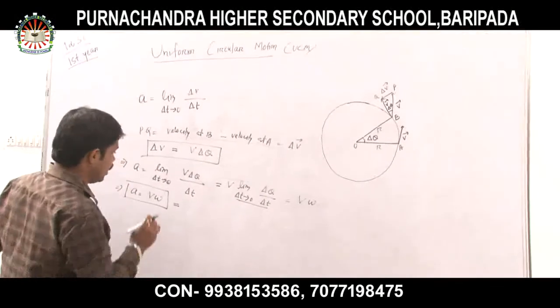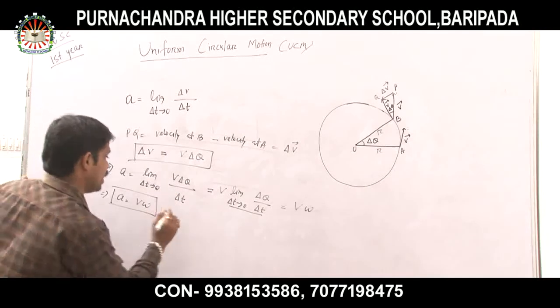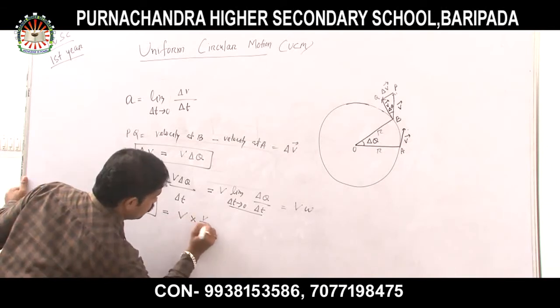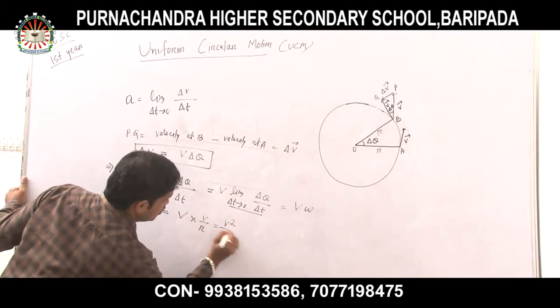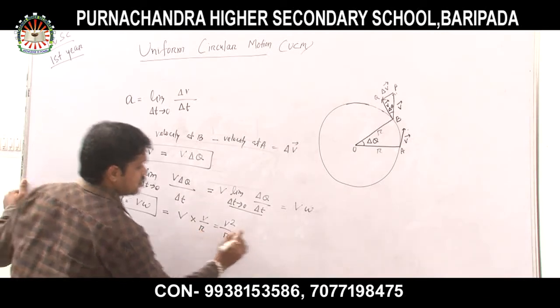We know that. Okay. So now let us put the value. If V is equal to omega r, then omega is equal to V by R. So when I put it, this is V into, in place of omega I put V by R. So this is V square by R. Okay. So this is a very important relationship. Why?